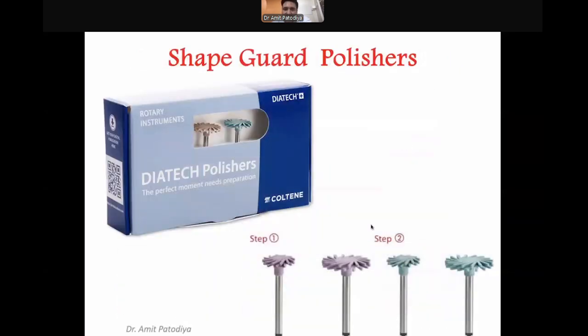And then you have the polishers, the shape guards, as they call them. You have different colors. You start with one color, and the last color to be used is the green color. You start from coarse and you end up with the fine finishing. The beauty is that they don't tend to change the shape of the tooth. With great difficulty, with great effort, I had created those contours.